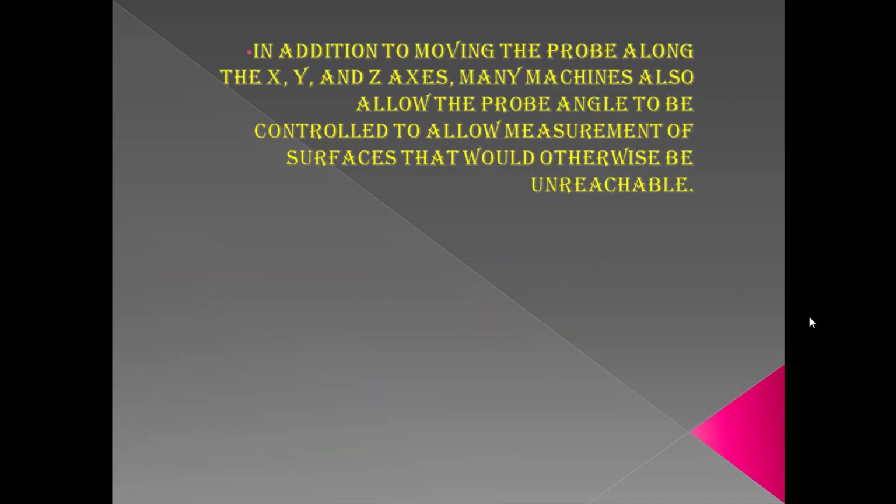And the last point is, in addition to moving the probe along the x, y and z axis, many machines also allow the probe angle to be controlled to allow measurement of surfaces that will otherwise be unreachable.